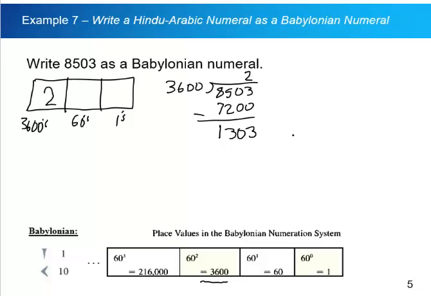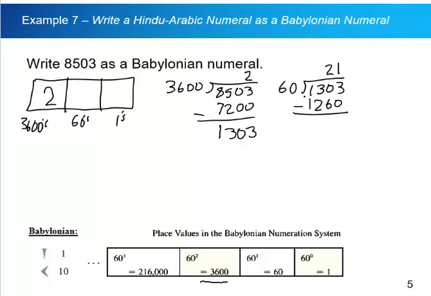1,303. And now we want to know how many 60s go into that. Okay, 21. Again, it's 21 point something. 21 times 60, you get 1,260.